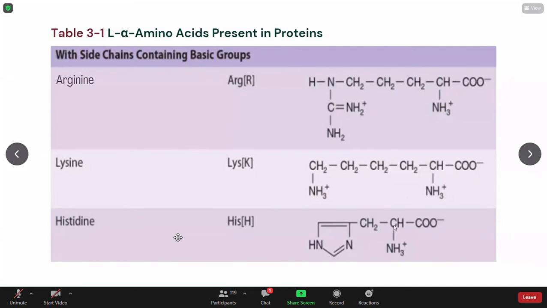Histidine. 1, 2, 3, 4, 5, 6. No? This one. 1, 2, 3, 4, 5, 6. This one. 1, 2, 3, 4, 5, 6.